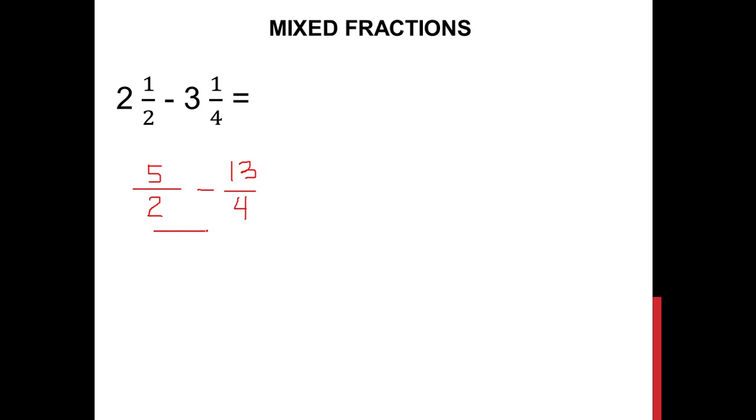Okay, so we have 2 times 4. So I'll have here 2 times 4, that's 8. Cross multiply. So you have 5 times 4, that's 20. Minus, since that is subtraction, 2 times 13, that is 26.